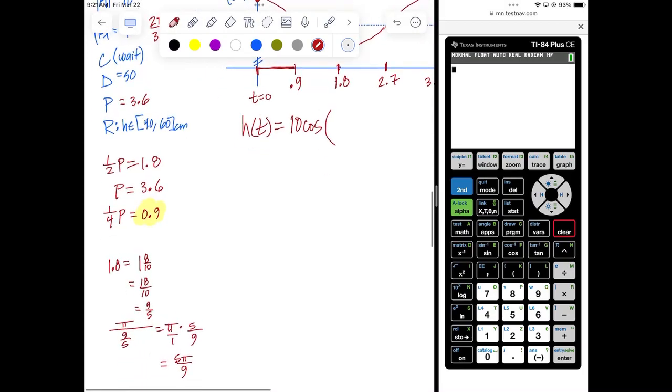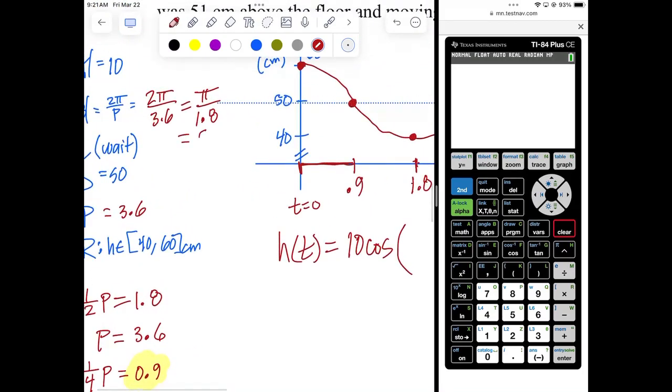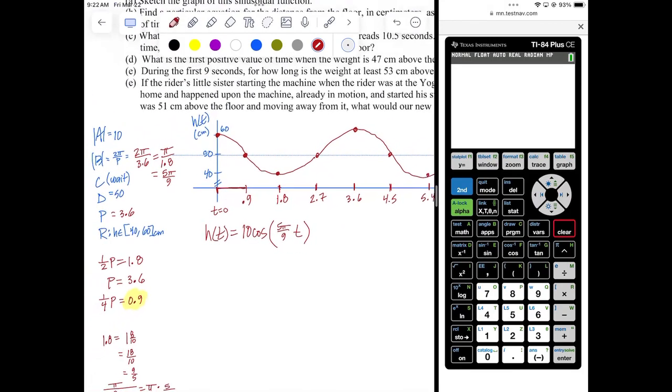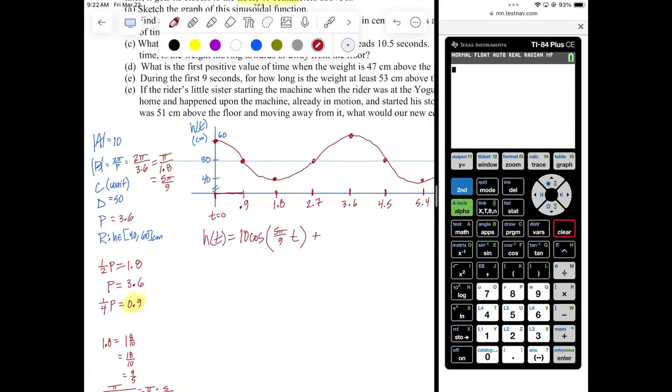It's just ugly, and I won't accept it as an answer. And I won't have it as an answer in a multiple choice question either. So 5 pi ninths. And then I can just put t instead of x. There's no phase shift. And then, of course, I need my plus 50 to get it up to the midpoint there. There's your equation.